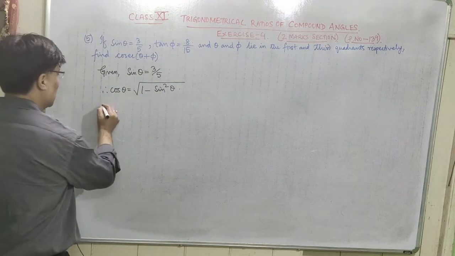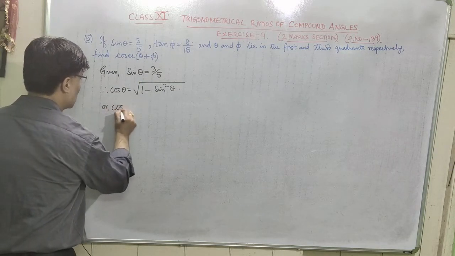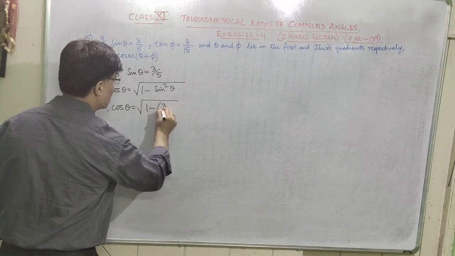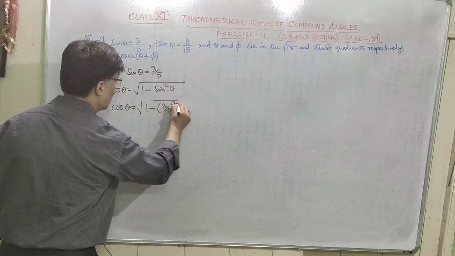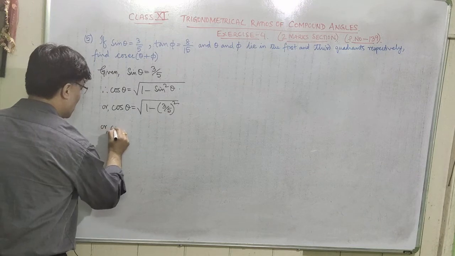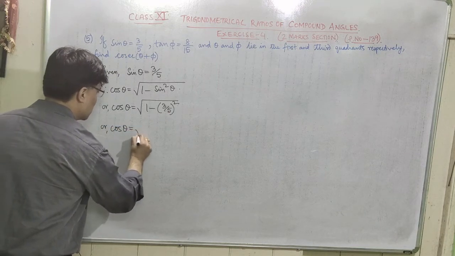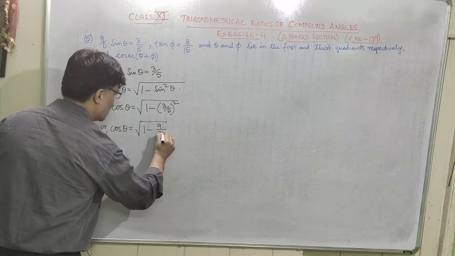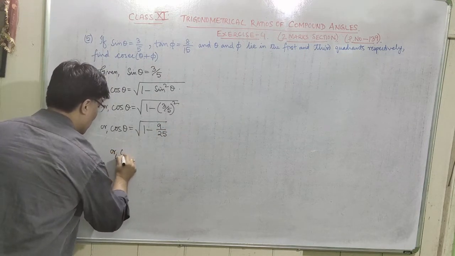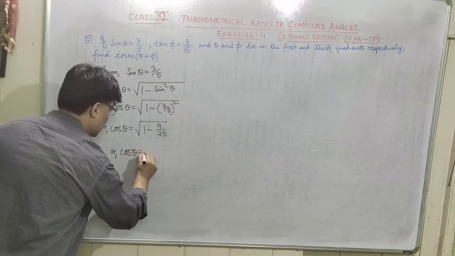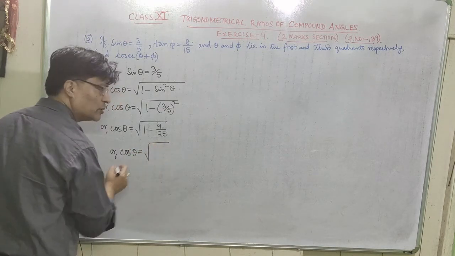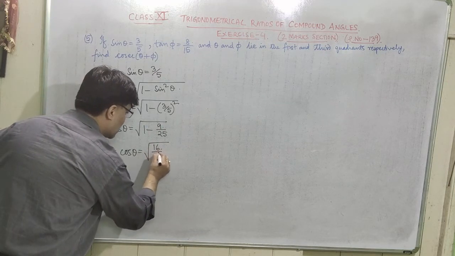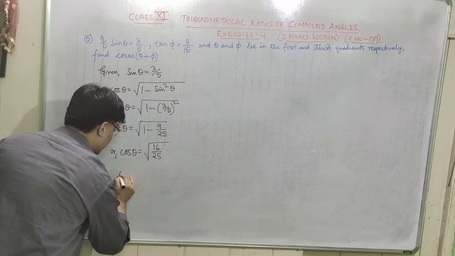Okay. So cos theta is equal to root over 1 minus 3 by 5 whole square, or cos theta is equal to root over 1 minus 9 by 25, or cos theta is equal to, within square root, 25 minus 9, what is it? 16 by 25.